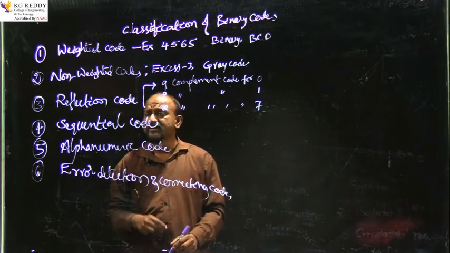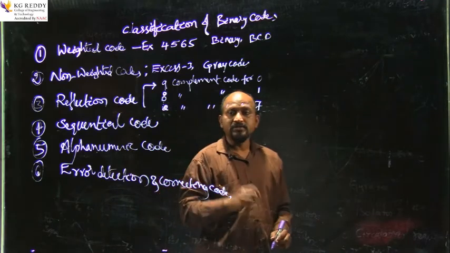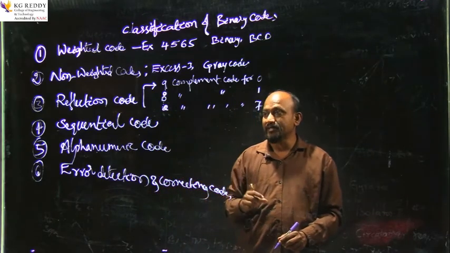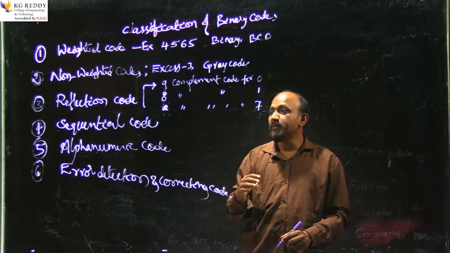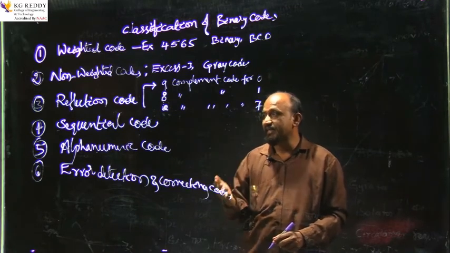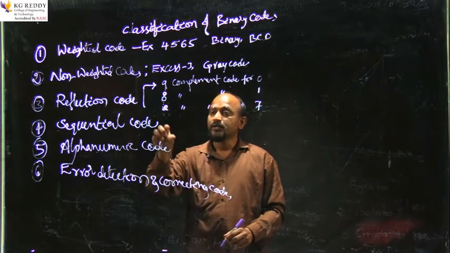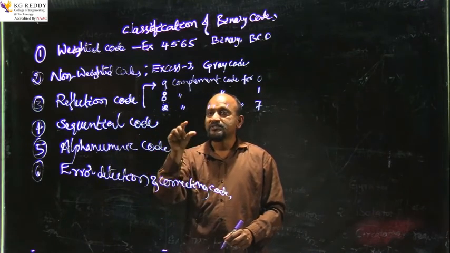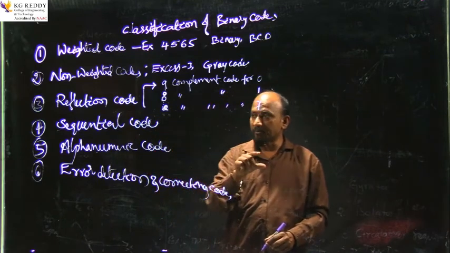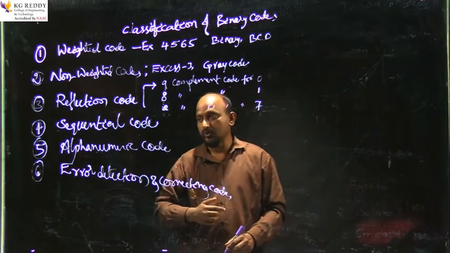The next one is sequential codes. In a sequential code, the succeeding binary code is greater than the preceding code. I am repeating once: in a sequential code, each succeeding binary number is greater than the preceding code.